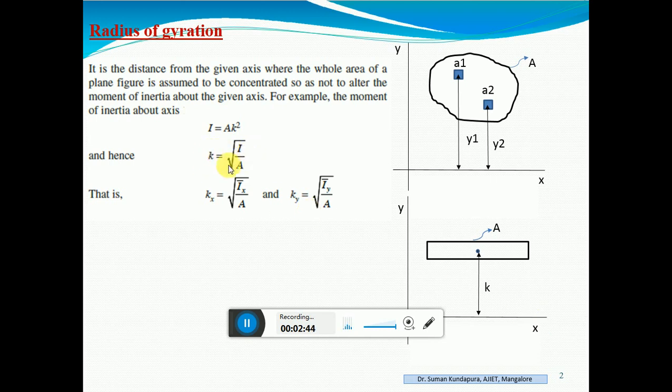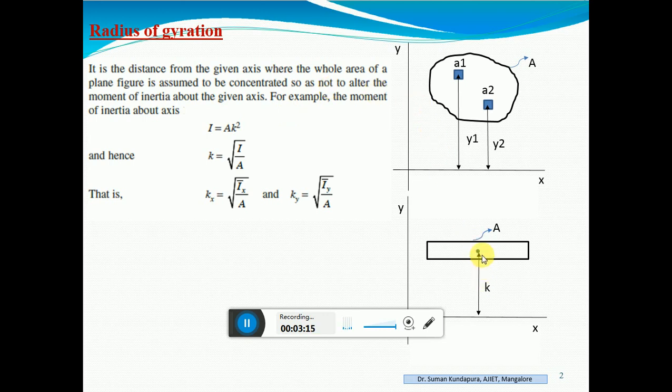So according to this equation, I is the moment of inertia about the x-x axis, then Ix bar divided by the total area gives you the radius of gyration about the x-x axis. Once again I repeat, the moment of inertia of the entire figure is unaltered in this concept.